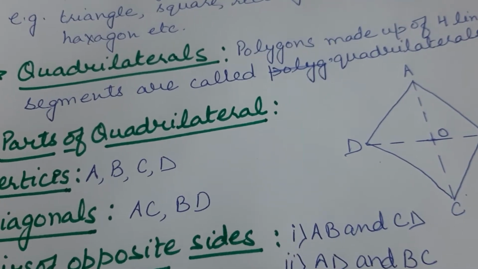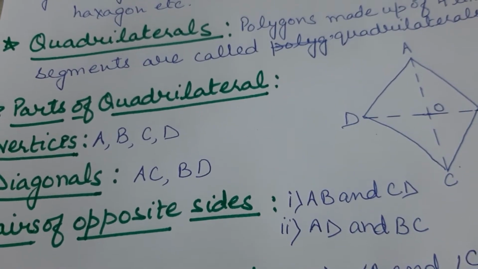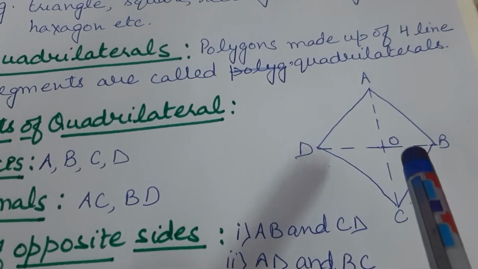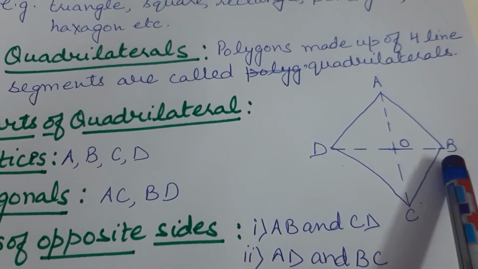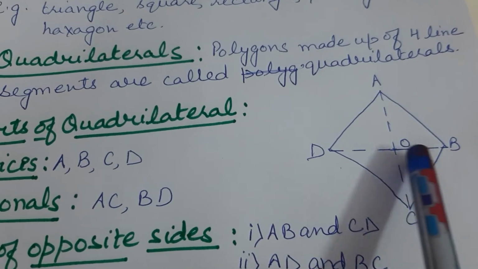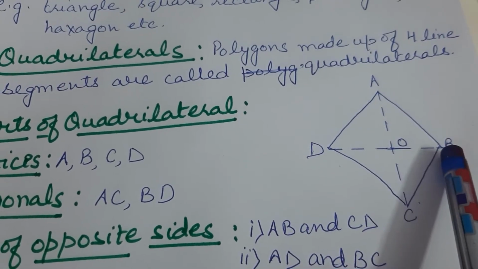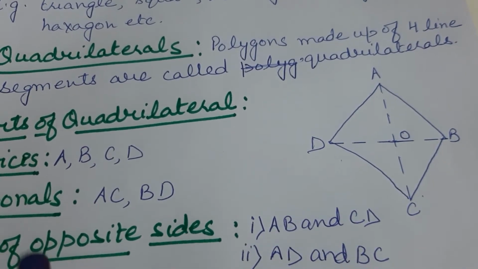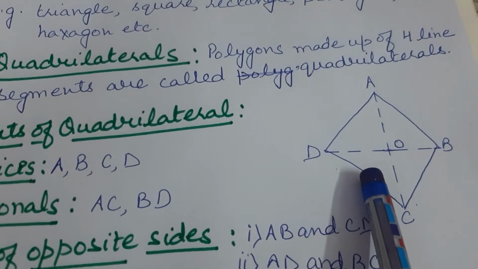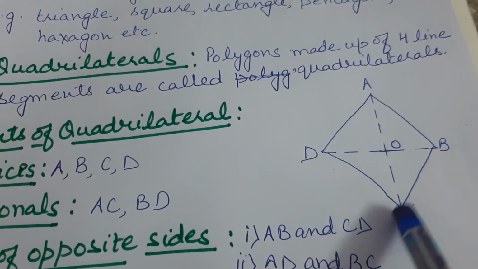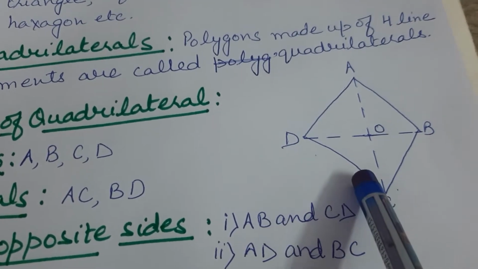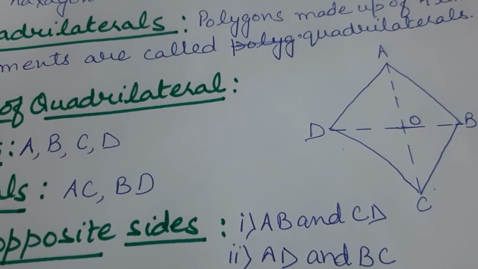Next is diagonals. The word diagonals is new for you. So diagonal means when we join the opposite vertices. The line joining the opposite vertices is called a diagonal. Now this quadrilateral has how many diagonals? Only two diagonals. If you see, we cannot draw any more.